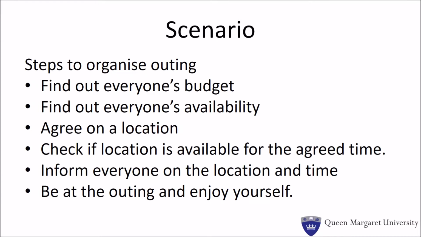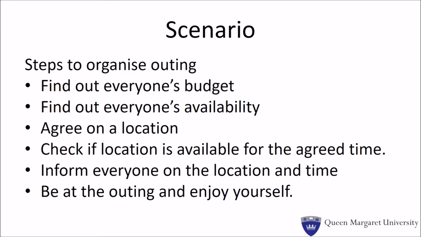Here are some potential steps that you might have thought that you will be doing in order to organize the outing. Firstly, you might find out what everyone's budget is in order to know exactly where to go. And then you might find out when is everyone available, because you don't want to leave anyone out. You might want to then consider looking at various locations and then putting it forward to all your classmates in order to choose a location that most of us would be agreeable to attend.